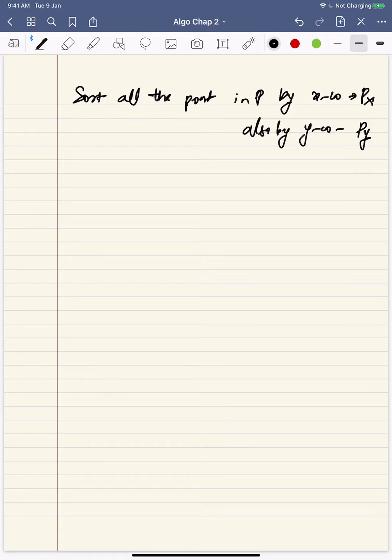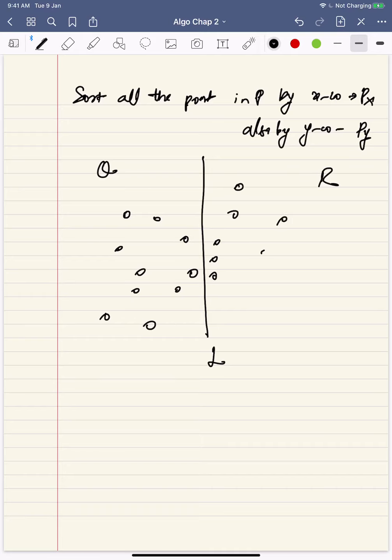Now I want to divide them into two parts. Suppose this is my line L, and I call the two parts Q and R, and there are points. How will I find Q?